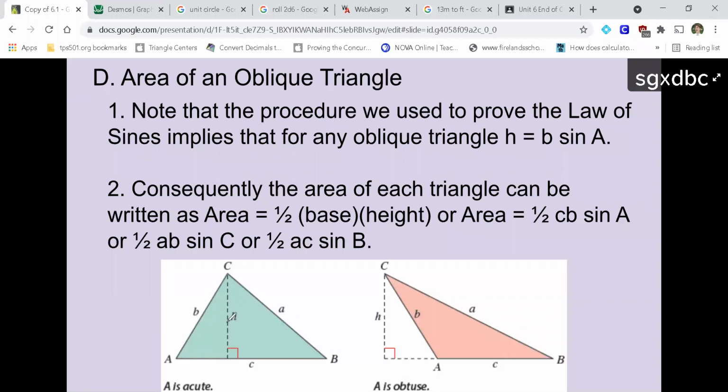So like the area of this triangle could be 1/2 of B times C times the sine of A, or 1/2 of A times B times the sine of C, or 1/2 of A times C times the sine of B. And so you don't actually have to do any Pythagorean theorem stuff to find the height. There's a shortcut, you can do that.